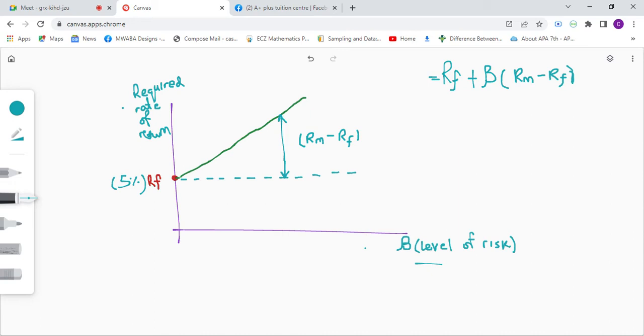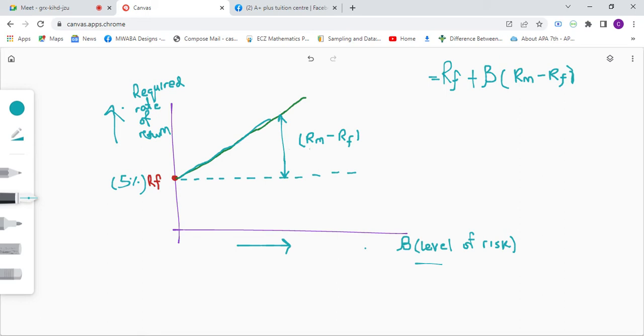As you can see, we have an upward sloping line here. This upward sloping line represents that the higher the level of risk on an investment, the more the return. That's why we have an upward sloping line.